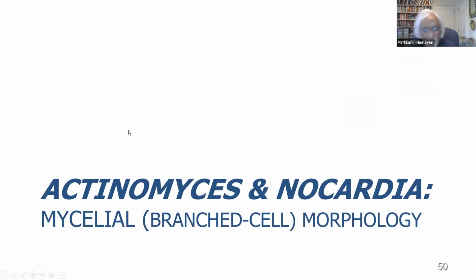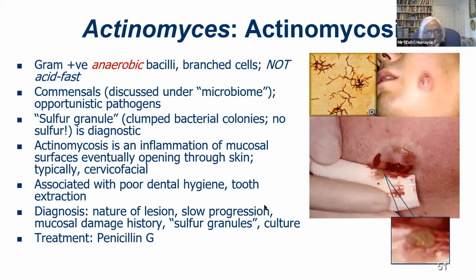Here we come to the last part of this lecture, which is bacteria that have a branched cell morphology. These bacteria are actinomyces and nocardia. In this slide, we consider a bacterial genus called actinomyces, which causes a human disease called actinomycosis.